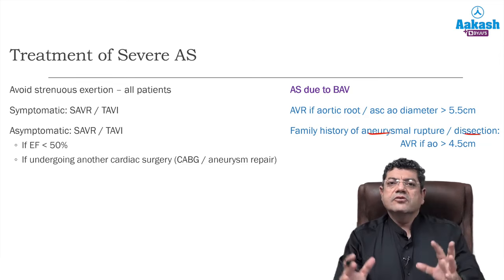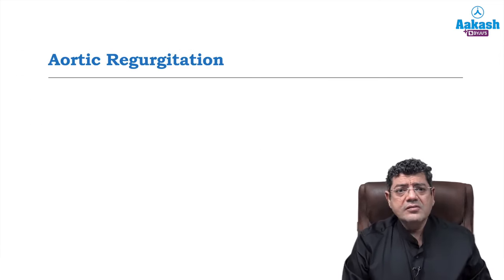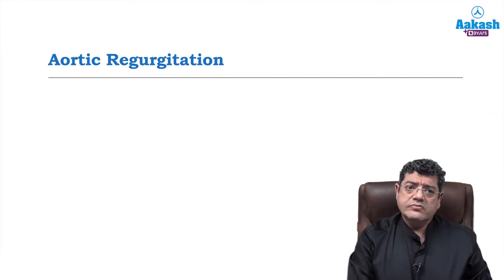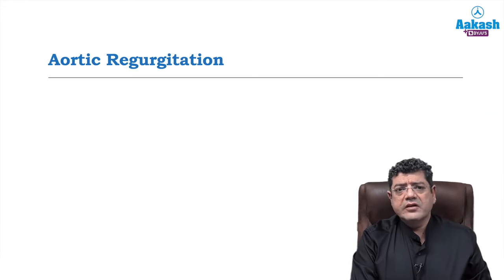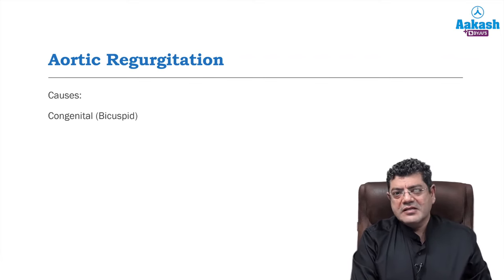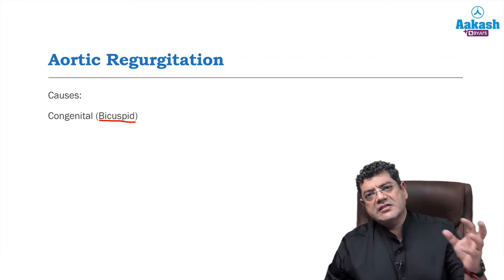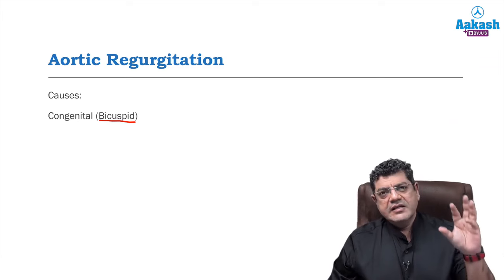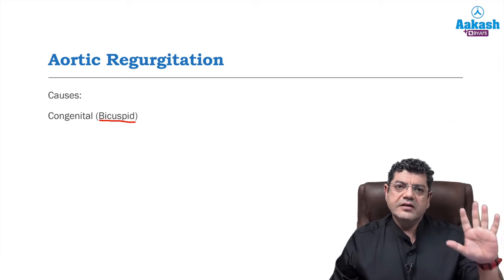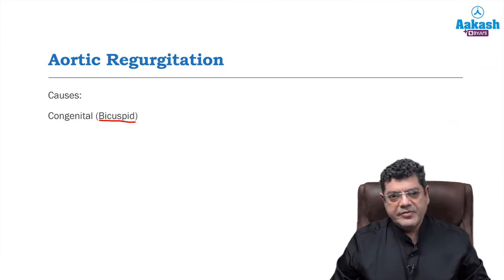So that's aortic stenosis. Moving on, yes, the valve can regurgitate as well. You're starting to think, why do we need so many valves in the heart? So what are the causes? Again, a bicuspid aortic valve, as we said when we discussed aortic stenosis, can give rise to AS, AR, and an aortopathy.